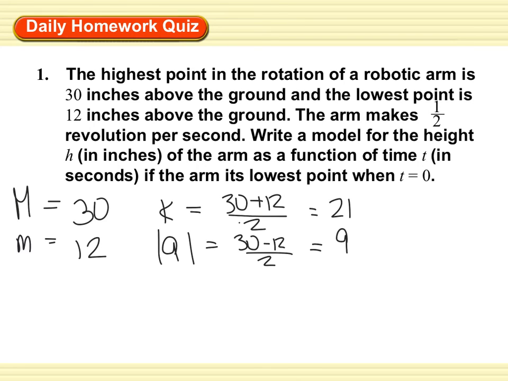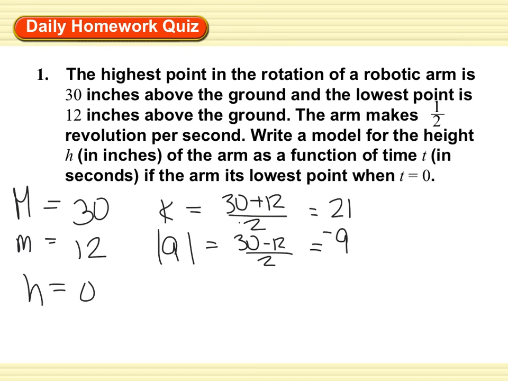It says that at time equals 0 I'm at the lowest point, so that's a negative cosine function, so negative 9. I'm not shifting left and right any, so my h value is in fact 0.